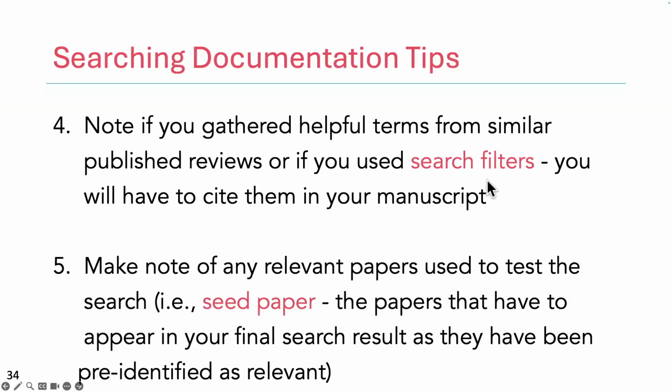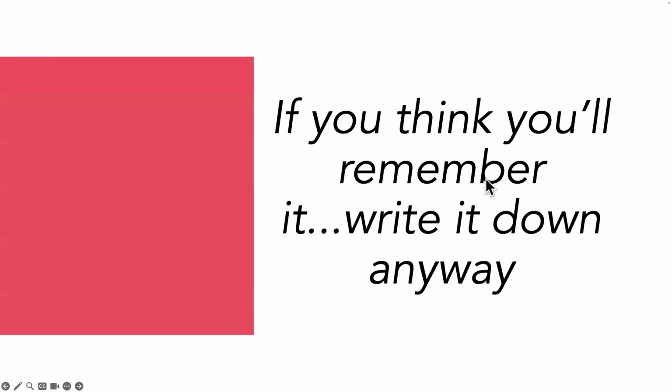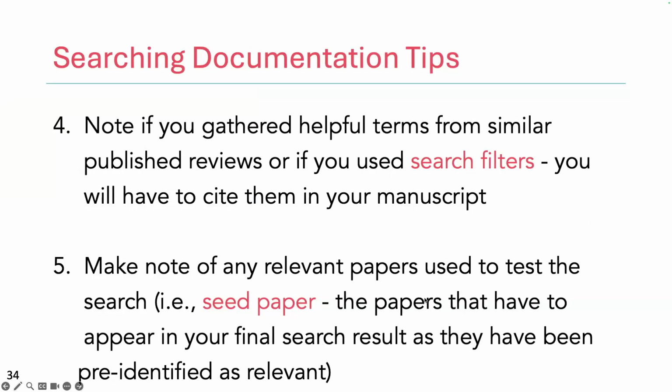Okay. So another tip is that when you're beginning to create your search, if you have found helpful terms from other reviews, or if you've used search filters, which we'll talk about next week, note them in your notes and in your manuscript. Where did you get this from? Searches that librarians or other researchers have created are considered their intellectual property, so if you're using them, which is great, you do want to cite where you got them from.